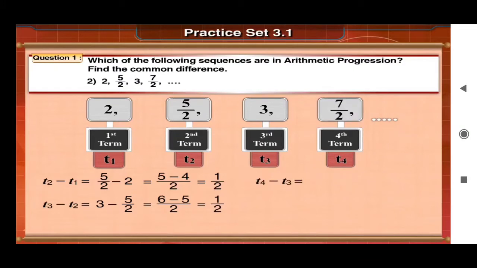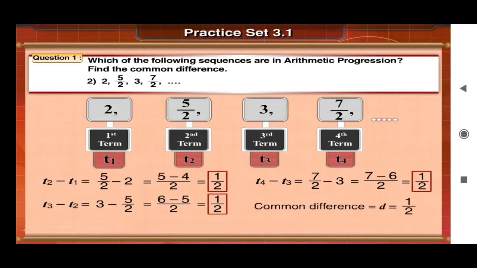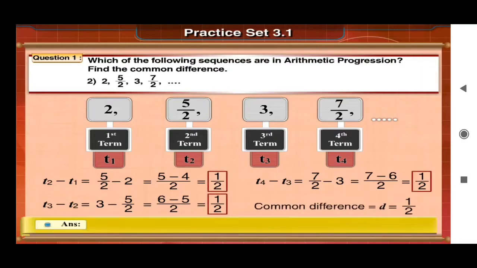Therefore, T4 minus T3 will be equal to 7 upon 2 minus 3, that is equal to 7 minus 6 upon 2, which is 1 upon 2. Here, the common difference is 1 upon 2. Therefore, the sequence 2, 5 upon 2, 3, 7 upon 2, and so on is an arithmetic progression.